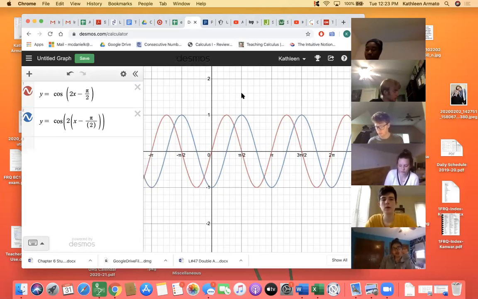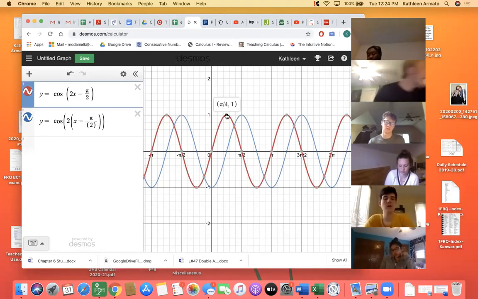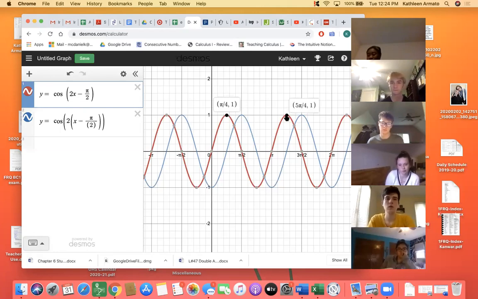Okay, so cosine, remember, starts up here. So the red, which is the 2x minus pi over 2, the cosine starting, it looks like at pi over 4, that's a high point, and ending at 5/4 pi. Is the difference between pi over 4 and 5/4 pi, is that pi? Does it look like the period is pi?